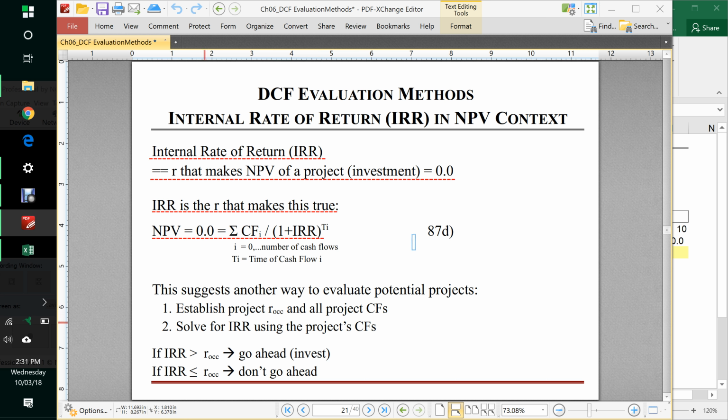So this suggests another great way for us to evaluate potential projects. First thing is to establish, as usual, our opportunity cost of capital and all the project's cash flows. Then solve for the IRR using the equation above, and we may need goal seek for this.